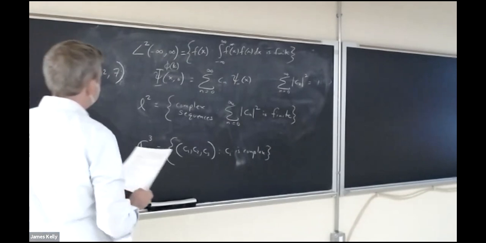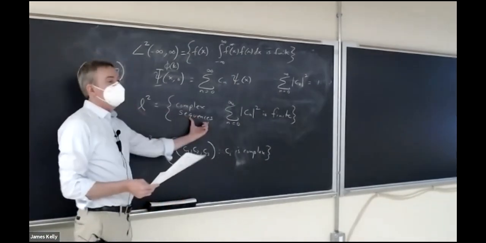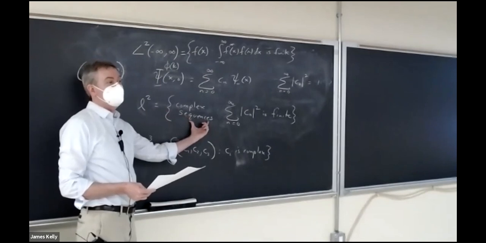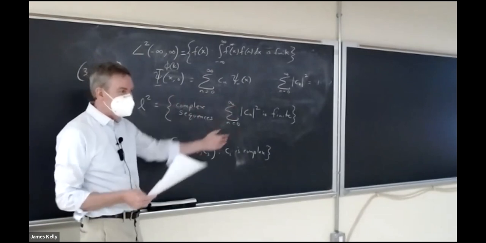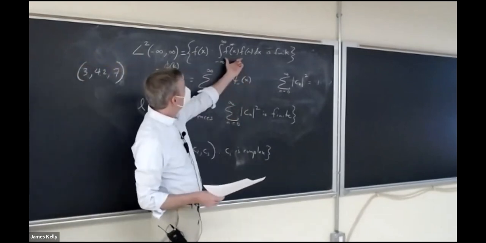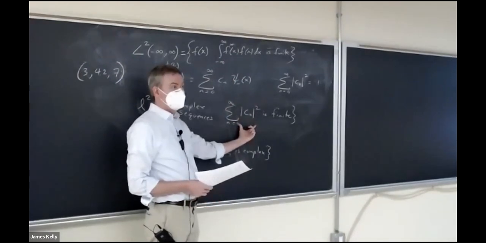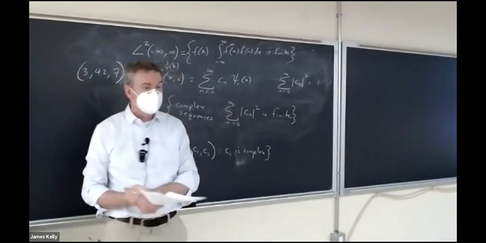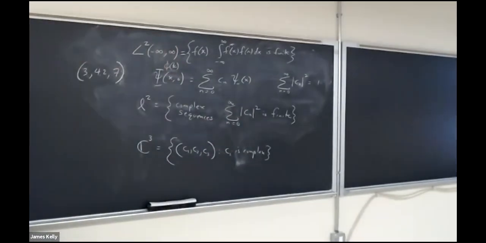So in one, you're supposed to give 2 elements of little l2. That means you're going to give 2 sequences, and you're going to have to put some ellipses in there. You get the idea after a while. If I call this square integrable functions, we might call this square summable functions, right? So this is the collection of all square summable complex sequences.